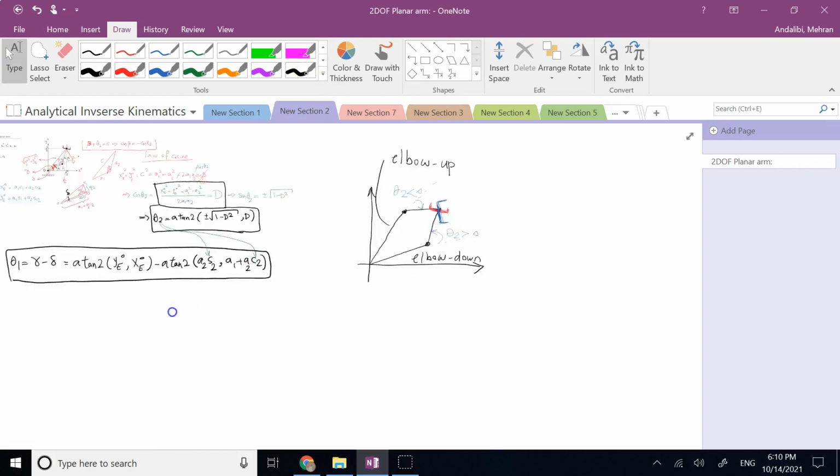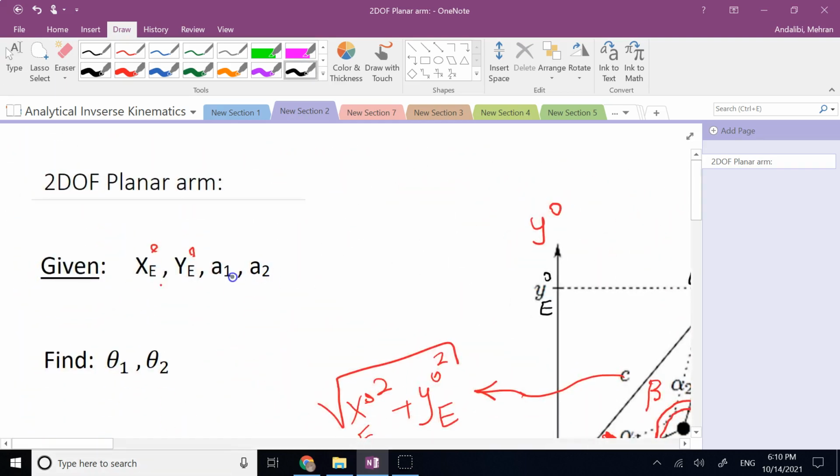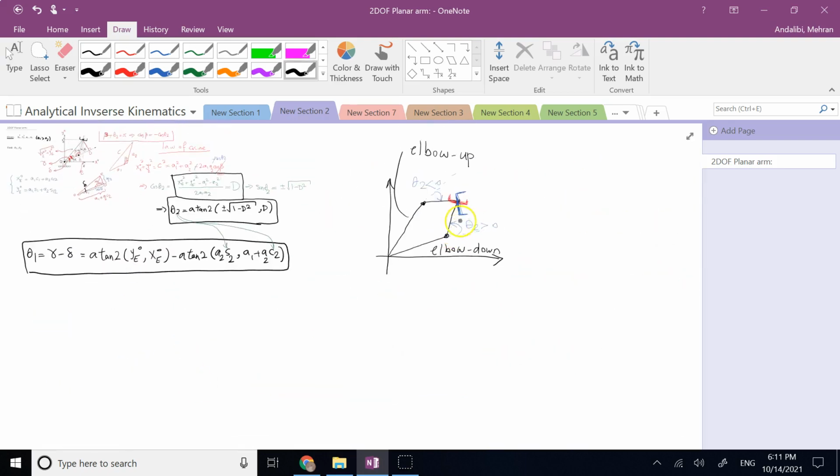Well, here, if we assume for the moment that A1 is bigger than A2, then the maximum reach that you can have is when theta 2 is 0, so the two members are aligned. Then the maximum radial distance you can reach is A1 plus A2, and the minimum that you can reach is when member 2 is again aligned back on member 1, but theta 2 is pi, so it is backwards here.